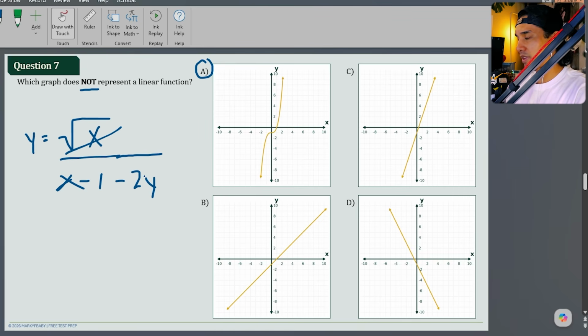And at first you would think, oh my gosh, this is not a linear function, but it's a trick question for you to cancel out things here because you should know the fundamentals. They assume you know the fundamentals. You cancel out some stuff, and then it does equal a linear function. Okay? You might look at it and be like, that's definitely not a linear function. Why is this on the test? But if you cancel some stuff out, it could equal, and most likely will equal, a linear function.